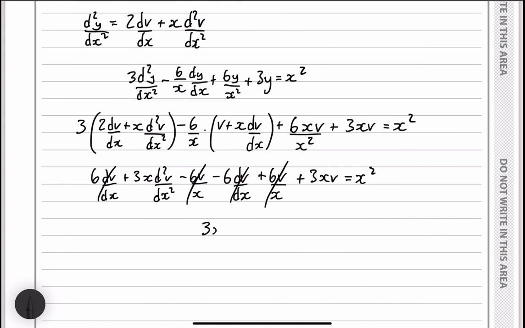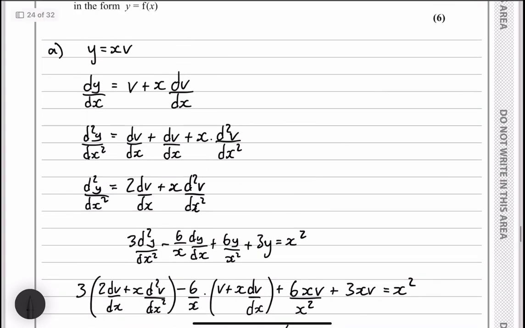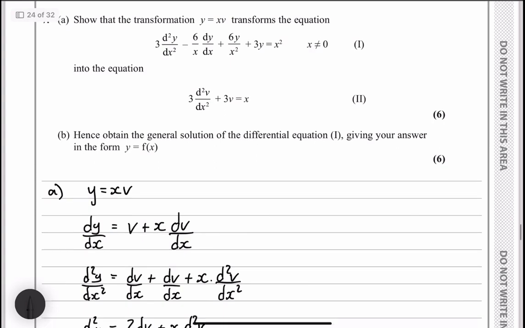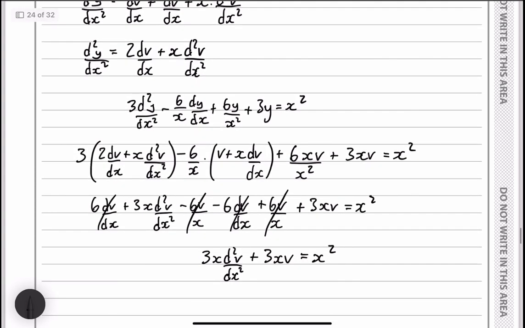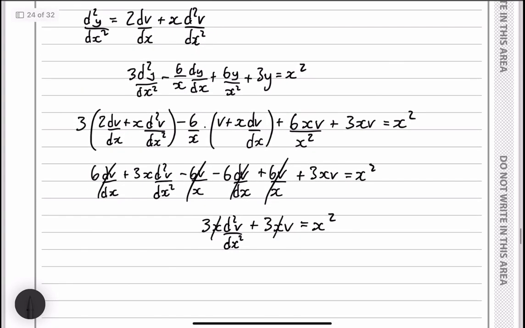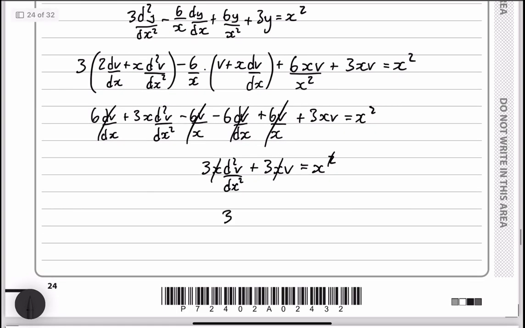We've got 3x d2v by dx squared plus 3xv equals x squared, and in the format we want we keep the 3's and we want to cancel one of the x's. So we've got 3 d2v by dx squared plus 3v equals x, as required.